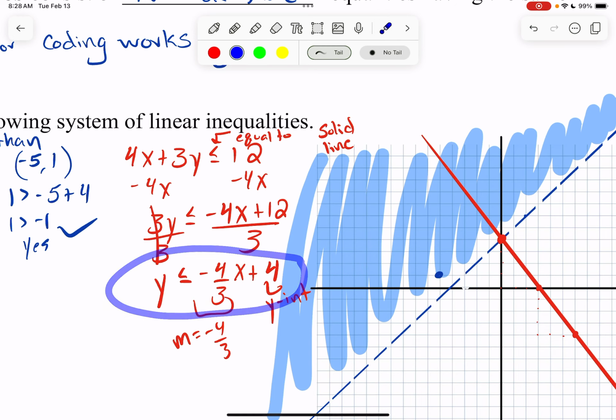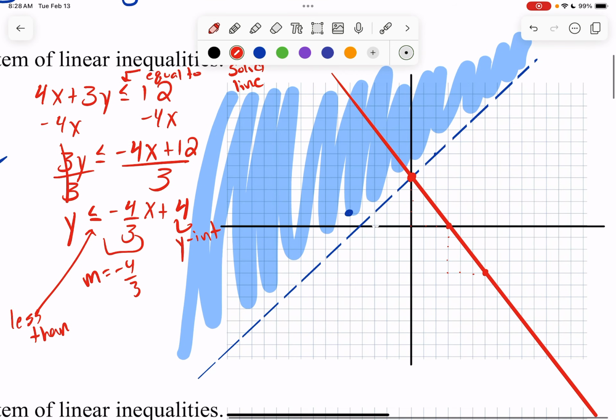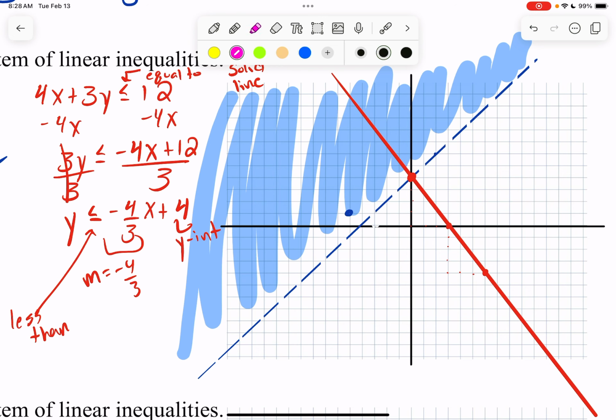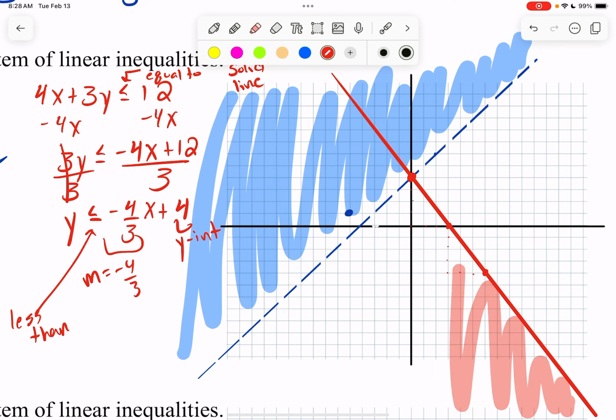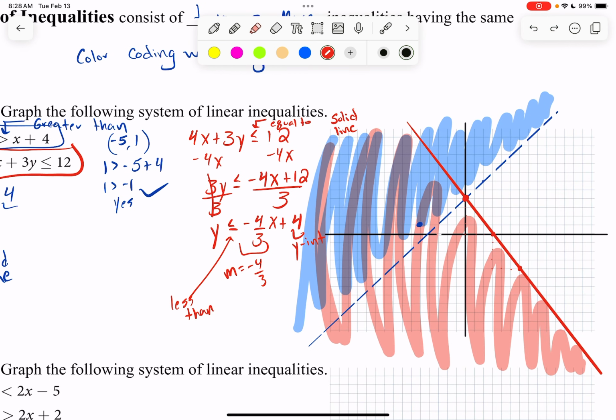I want all the y's that are less than that. If I put my pointer on the line, less than would be down. So we want to go down. We'll highlight in red. Okay, so everything below there.